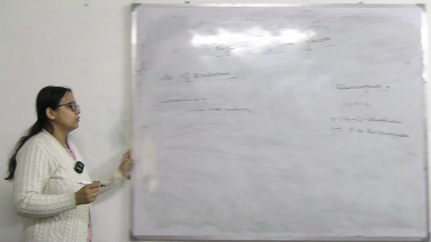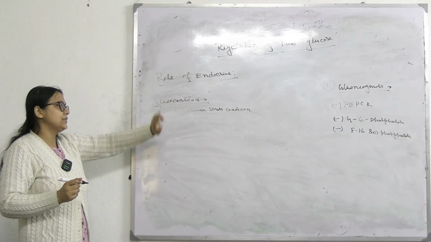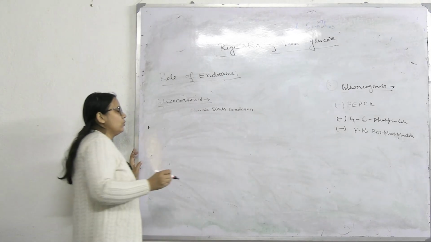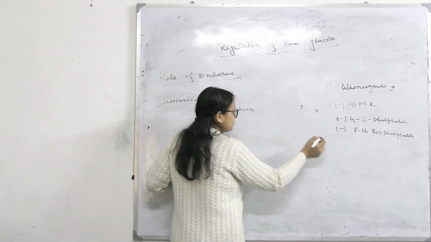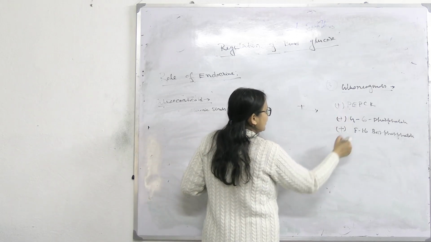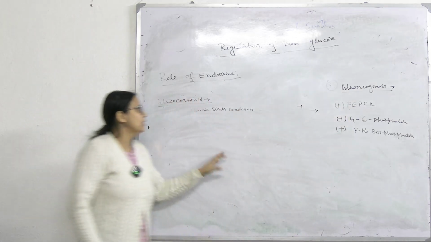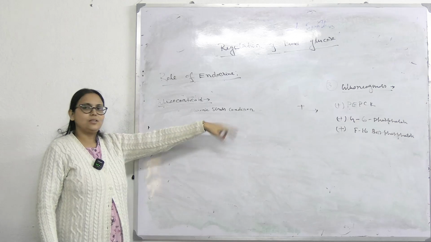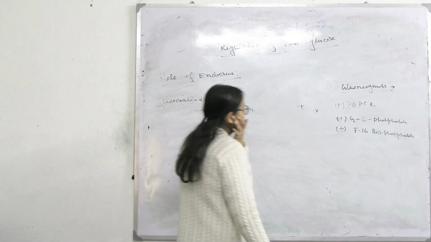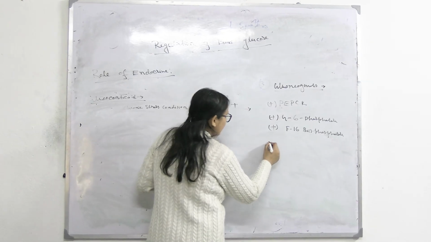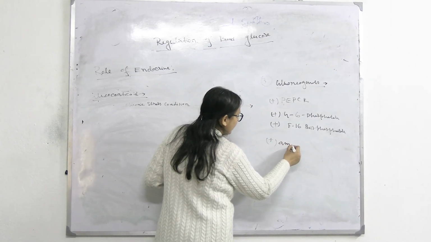When the body is in chronic stress condition, then glucocorticoid is secreted, and glucocorticoid activates all the enzymes of gluconeogenesis, and also it activates aminotransferases.